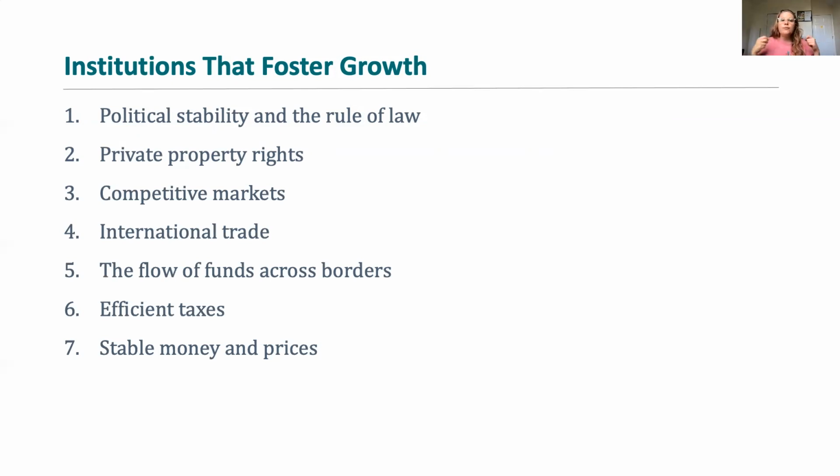We want to see a free flow of products, goods and services, and monetary funds going across borders in trade. We need efficient taxes that raise revenue, but do not inhibit transactions, the production and consumption of goods and services by too much. And we need to keep our monetary currency and our prices stable through solid monetary policy.